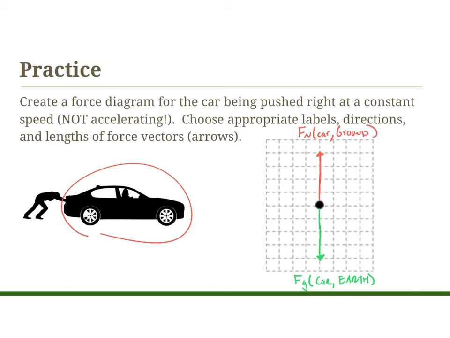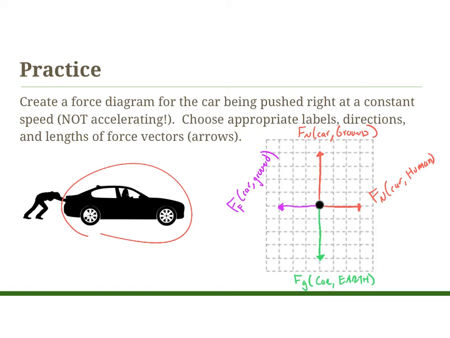And then there's also the normal force, in this case, the normal force of the human pushing. So the force of normal on the car by the human. And then we also have the force of friction, which is acting on the car, force of friction, acting on the car by the ground.